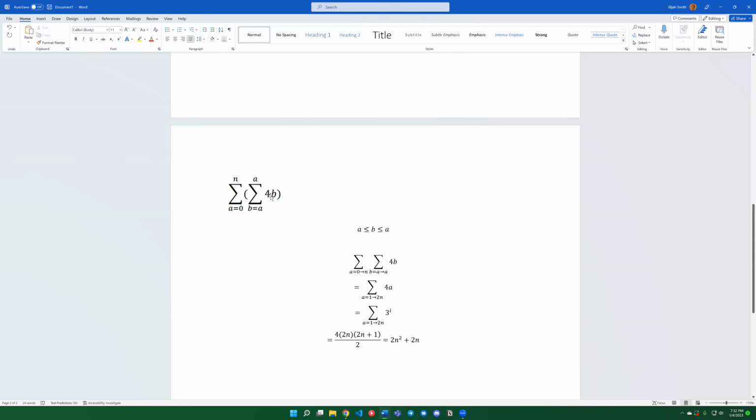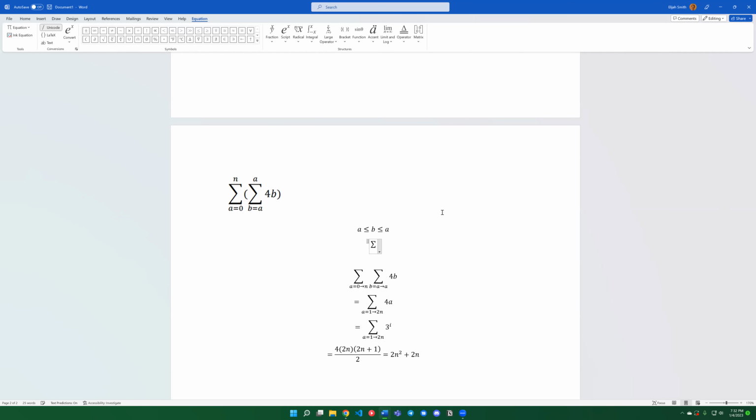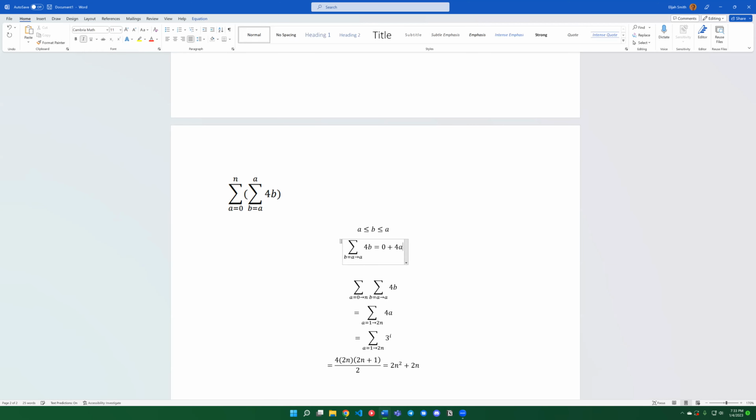And then we plug it in here for a, and that's our whole summation. So the sum b is equal to a through a of 4b, or rather 4a, and then this just becomes 4a.